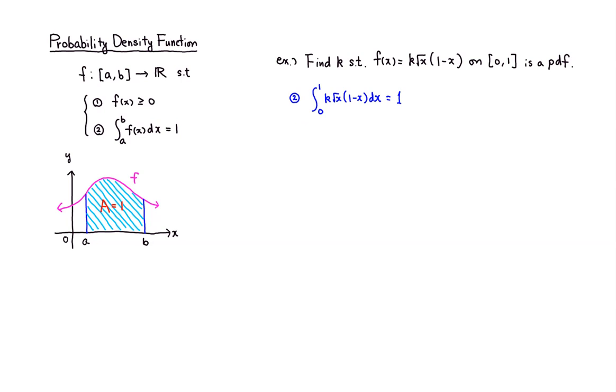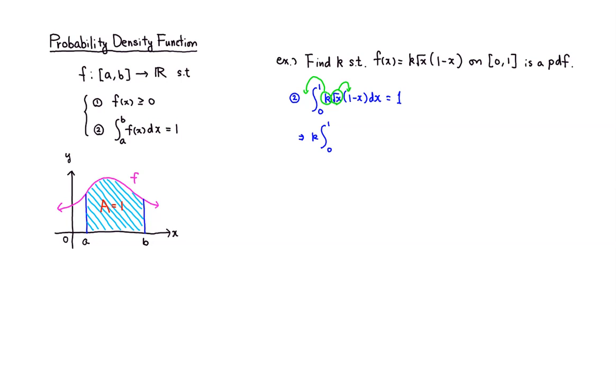First thing is, since k is just a number, I'm going to kick it out. So this is going to give us a k outside, and we have an integral from 0 to 1. Then I'm going to distribute.